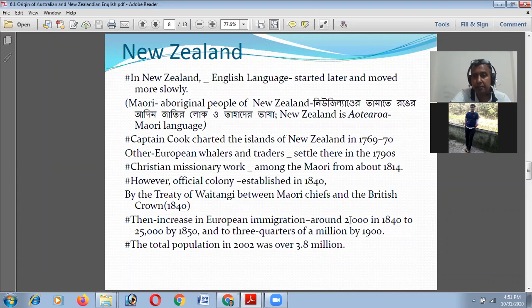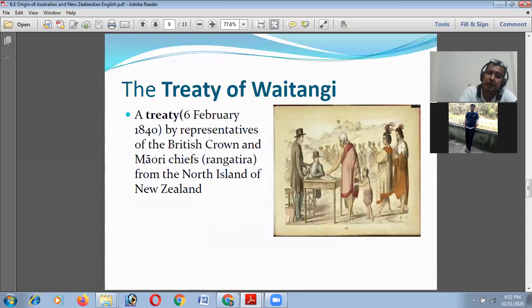However, New Zealand became an official British colony on the basis of the Treaty of Waitangi in 1840. After that, immigration increased, and by 2002 the population of New Zealand became 3.8 million.